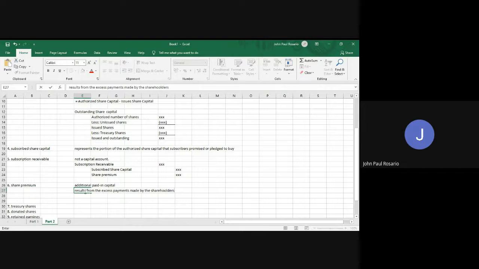So what do you mean by excess? Excess of payment over par value. Okay, I'll discuss to you later on what you mean by par value.